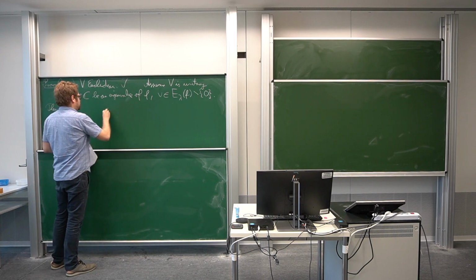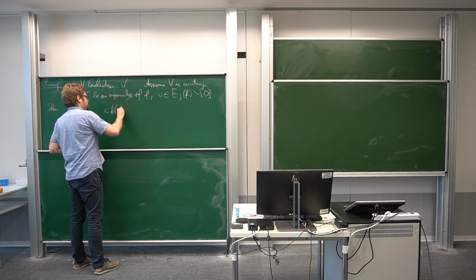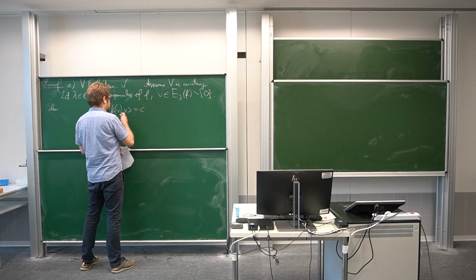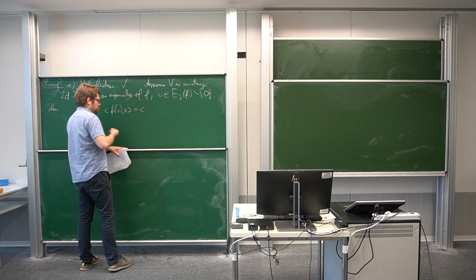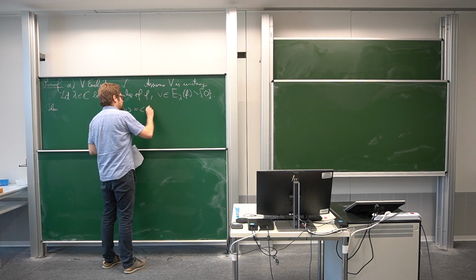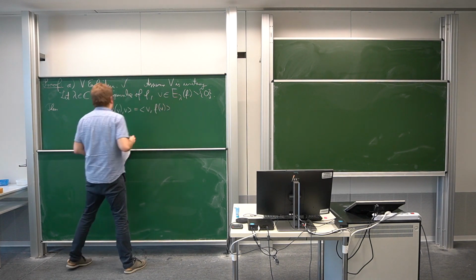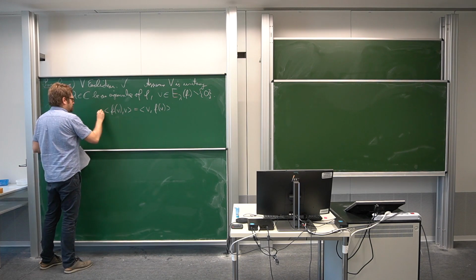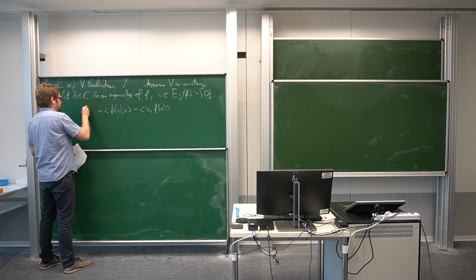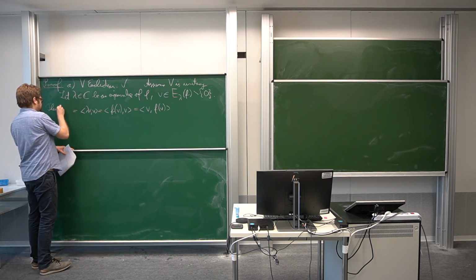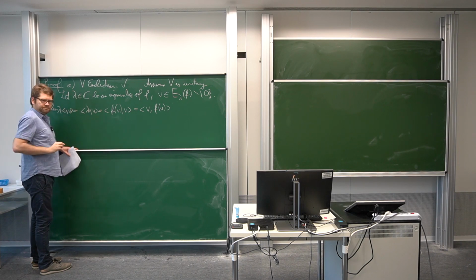So we know that f of v comma v, if we write it like this, is the same as, if we just plug in v in both slots here, this is by self-adjointness the same as v comma f of v. Now, v is an eigenvector, so this is the same as lambda v comma v, and just by the linearity properties of inner products, this is the same as lambda times v v.